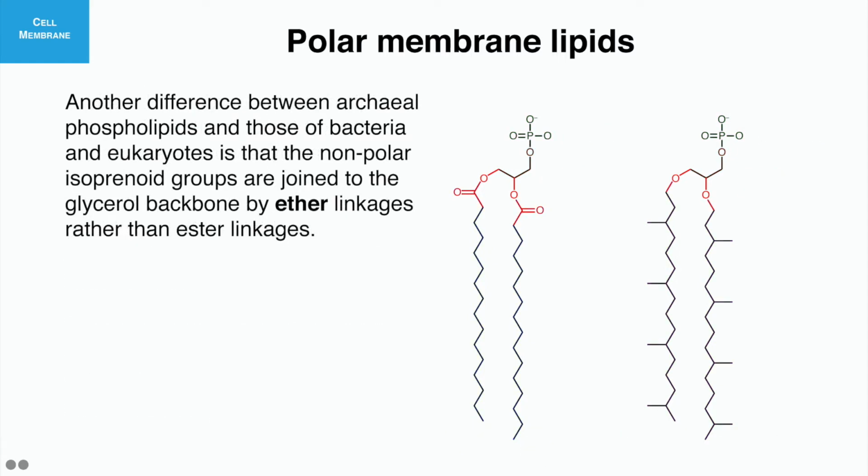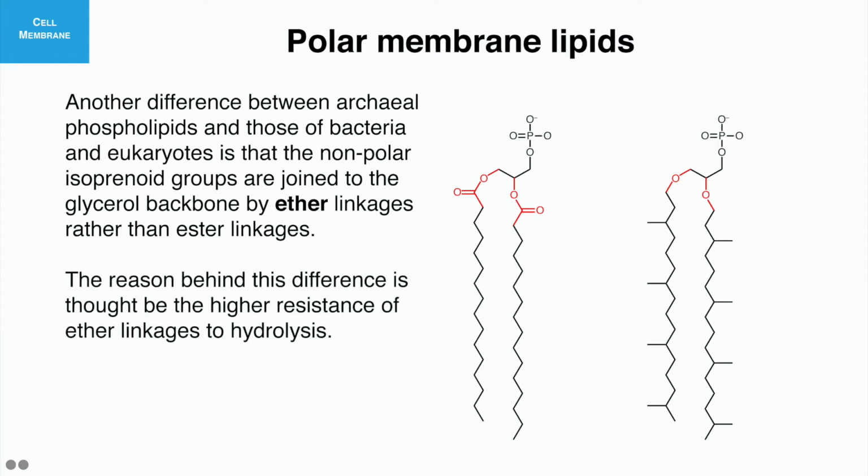Another difference is that the hydrophobic isoprenoid groups are joined to the glycerol backbone by ether linkages rather than ester linkages. The reason behind this difference is thought to be the higher resistance of ether linkages to hydrolysis.